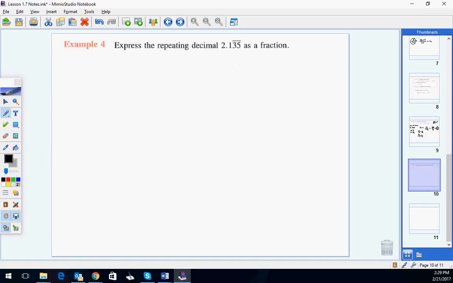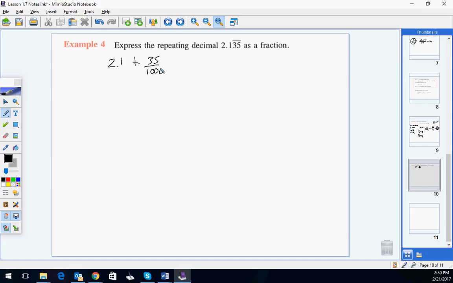Okay. All right, so express repeating decimal 2.135 as a fraction. So we're going to do this not using our calculator. We're going to do this in terms of writing out the series. So this series we could write out as 2.1 plus 35 over 1,000, right? Because 35 is in the thousands place.